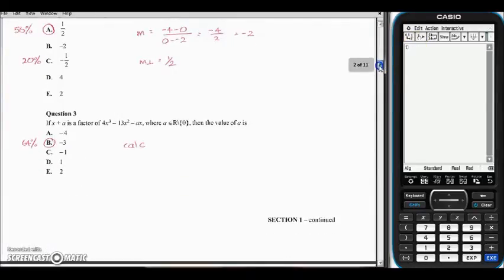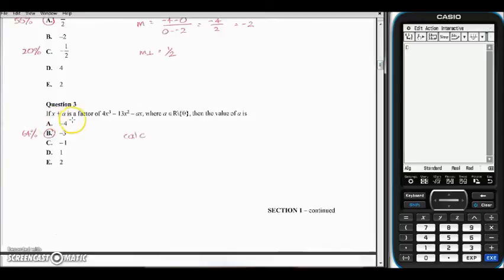Question 3, we have if x plus a is a factor of this, where a is a real number, not 0, then what's the value of a? So I'll do this one on the calculator. So if x plus a is a factor, that means that if I sub -a into here, then that should be equal to 0. So that's what I'm going to do. Okay, so I will sub in -a.